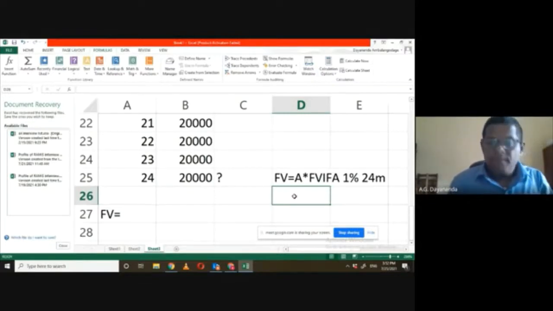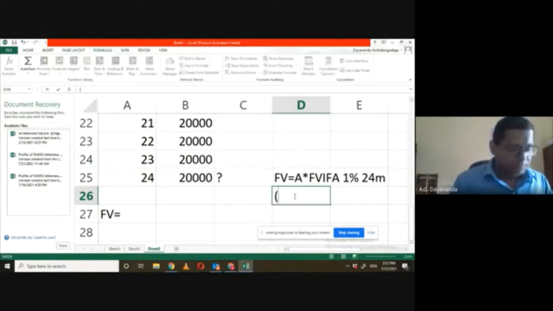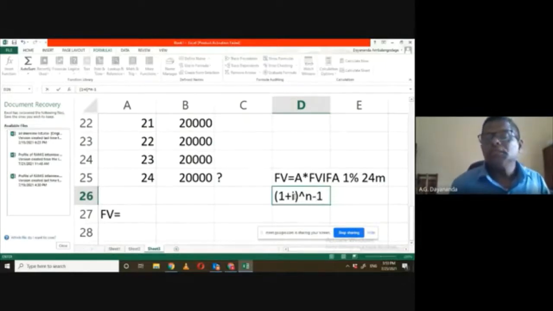Okay, within bracket, 1 plus I, bracket, power n, minus 1.